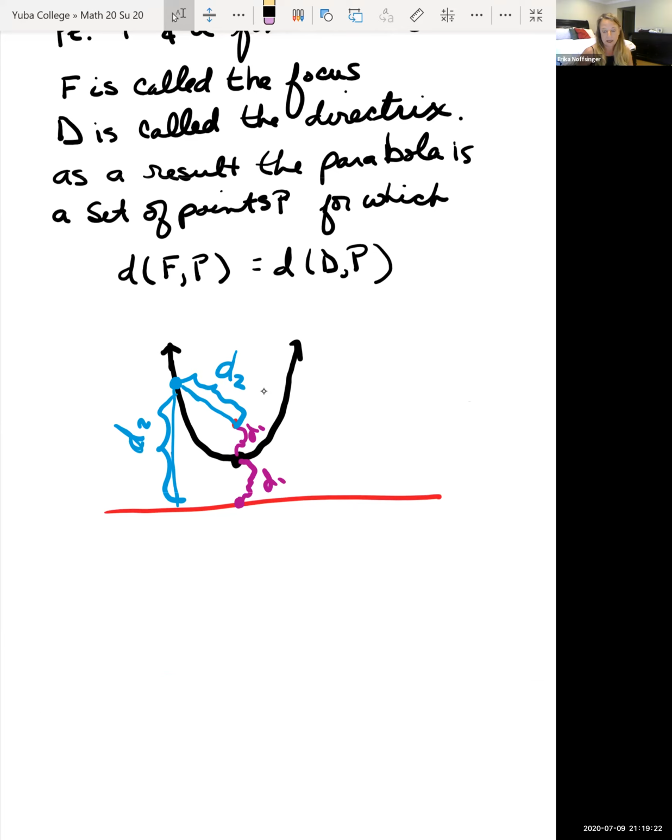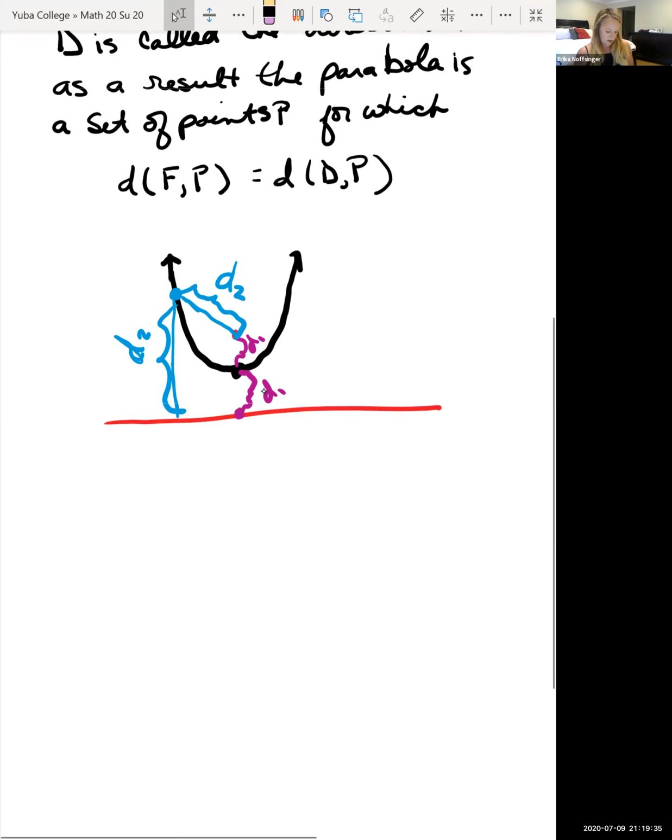Same idea, our parabola can be either facing right or left. Okay, so parabolas facing up and down, I'm going to give you a little bit of a different formula than what we had done before. So vertex form.